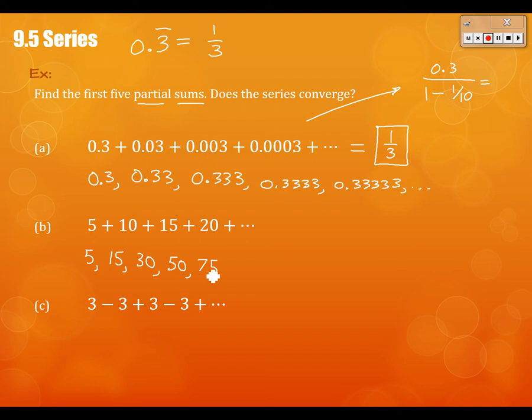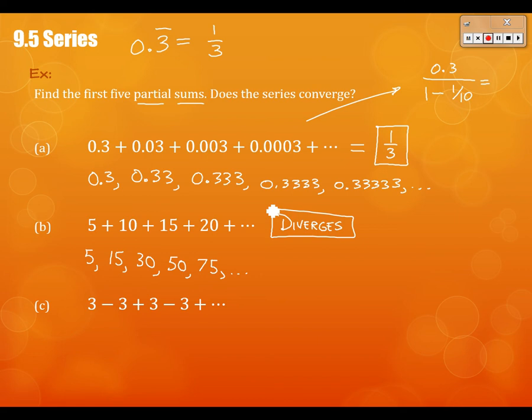Is that it? 1, 2, 3, 4, 5. It said only do 5, but we could keep going if you want. Are those partial sums converging on a number? No. Infinity, you could say. So we'll say this diverges. The sum is what is diverging, and the sequence also diverges.